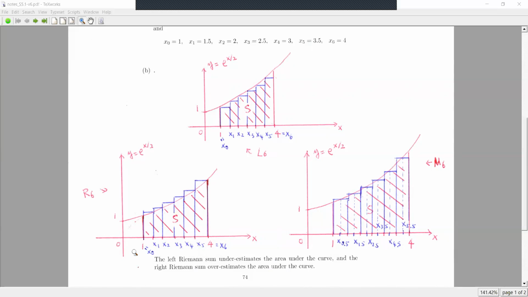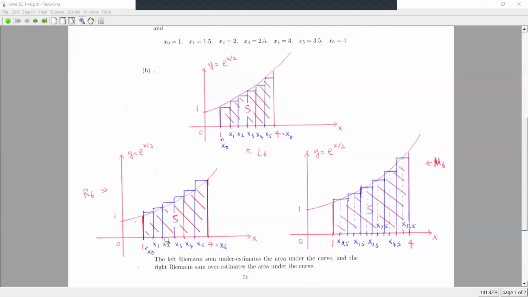This second figure is about right Riemann sum. Okay, cut interval 1, 4 into 6 subintervals. Over the first subinterval, I use the function value at the right endpoint, x1, to build a rectangle.